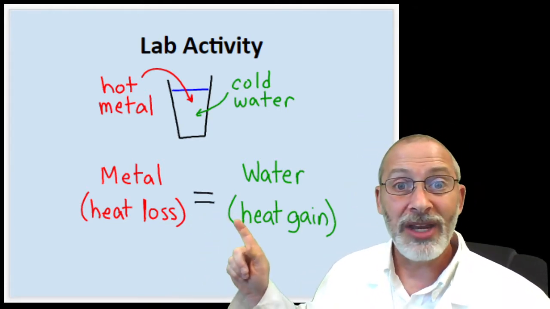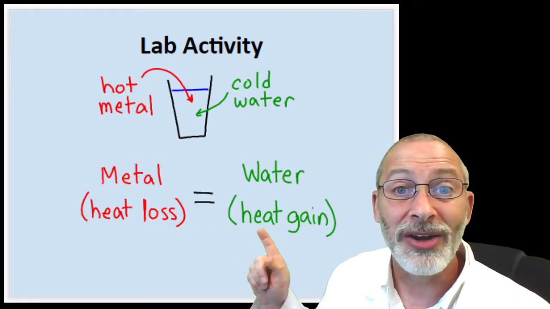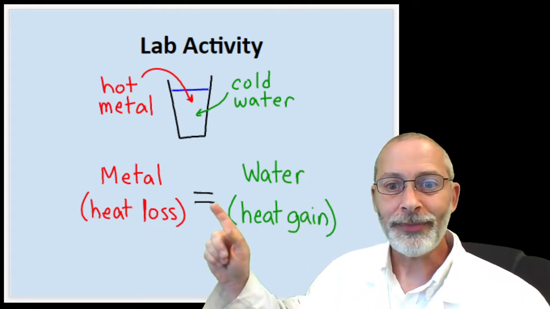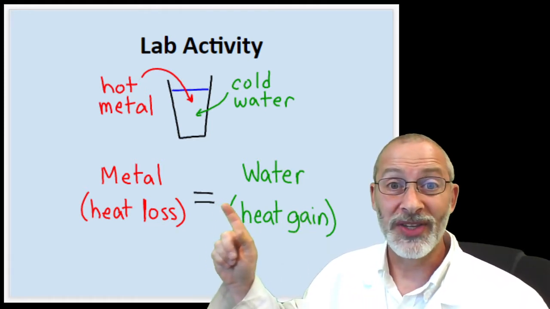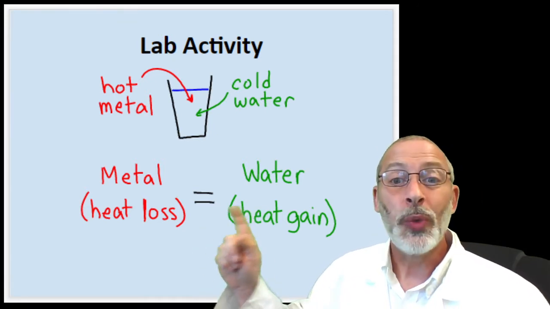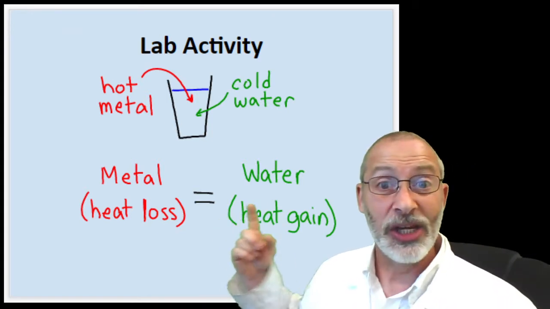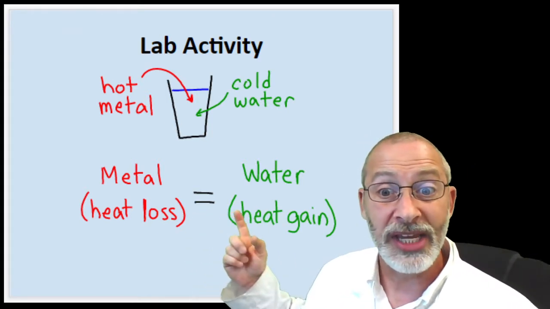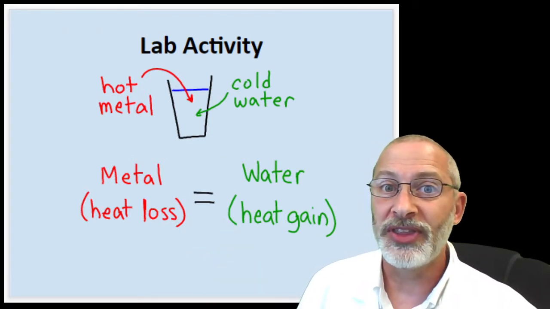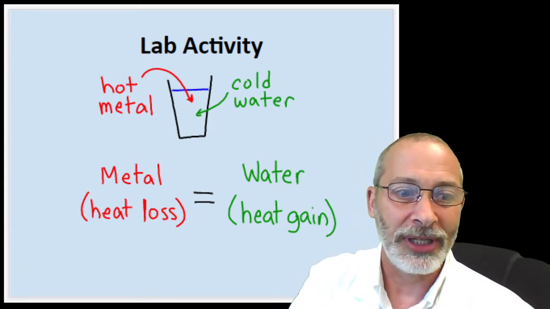So the amount of heat energy lost by the metal is equal to the amount of heat energy gained by the water. And again, because they're equal to one another, heat loss equals heat gain, we can start substituting things into this equation to help us complete the lab.